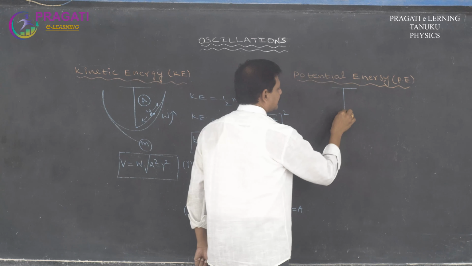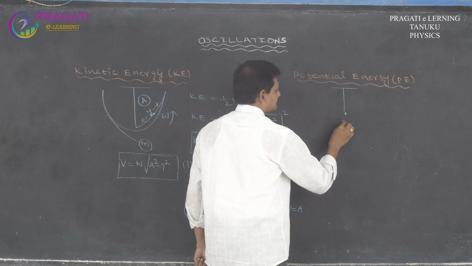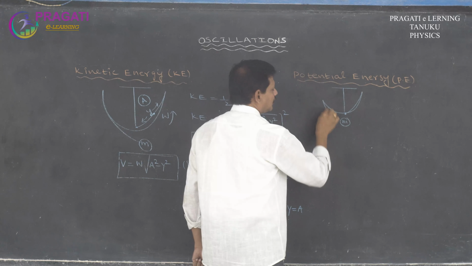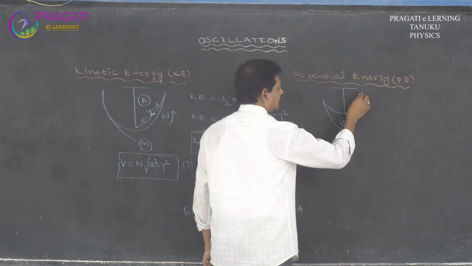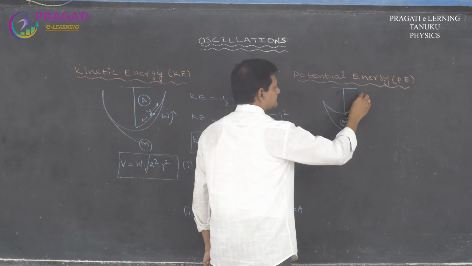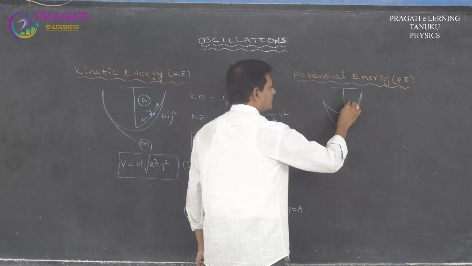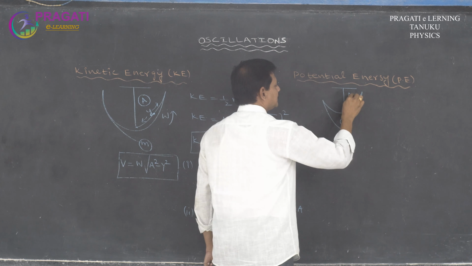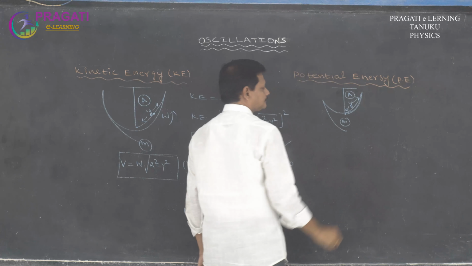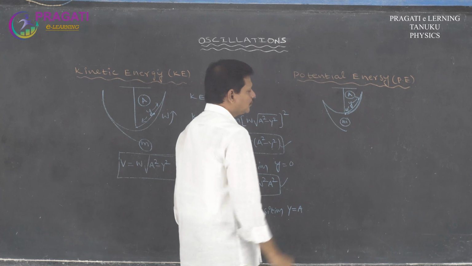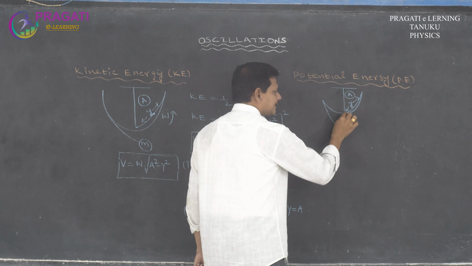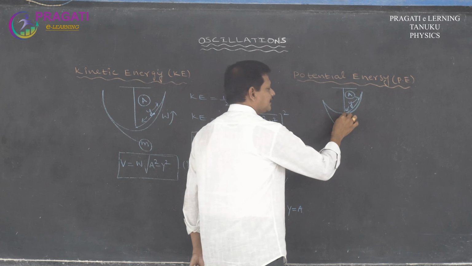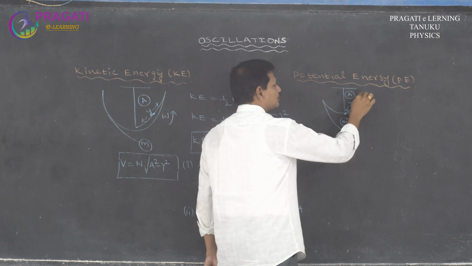Consider a particle of mass m performing simple harmonic oscillations. Let y be the displacement of the particle, a be the amplitude of the particle. We know force acting on a particle at mean position is 0 and its value changes from mean position to extreme position.